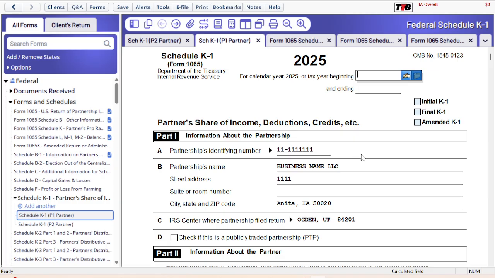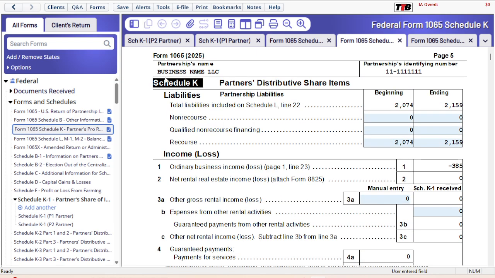Therefore, I think it makes sense to complete your 1065 and your schedule K, and from there you can complete your schedule K1s, because schedule K1s is the schedule K divided between the partners using their ownership percentage.